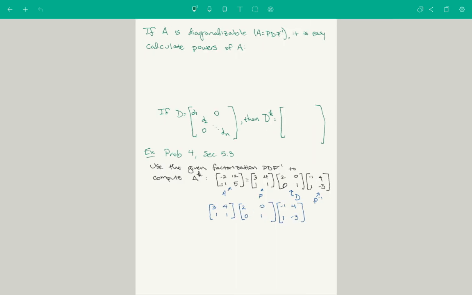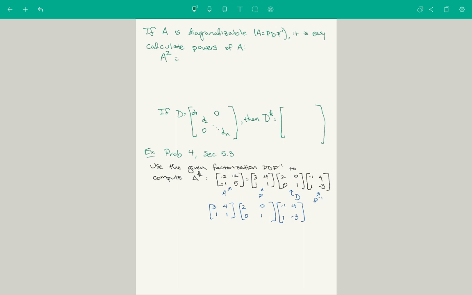Before we get into eigenvalues, let's see what else we can do with diagonalizable matrices. So if A is diagonalizable, so again, we can factor it into PDP inverse, where D is a diagonal matrix, then it's really easy to calculate the powers of A. So for instance, let's try out a couple of smaller powers. Let's say we want to find A squared.